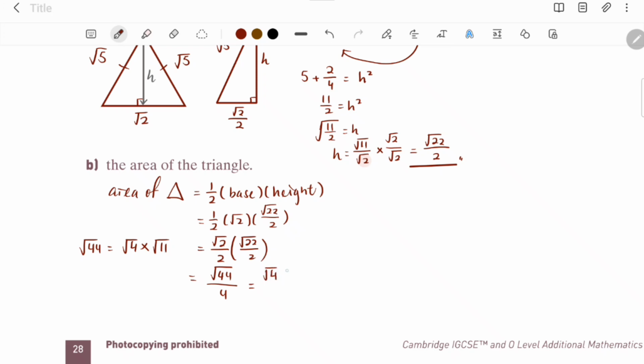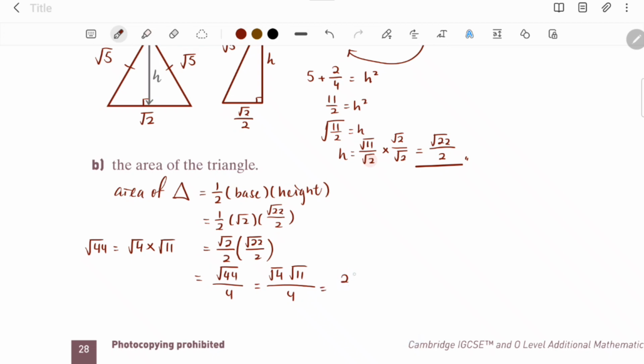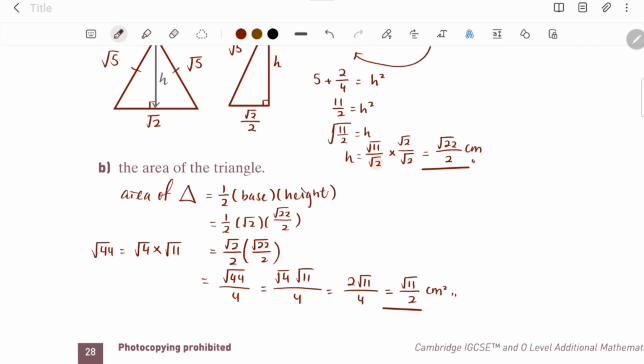So surd 4 times surd 11 over 4. Surd 4 is actually 2. 2 and 4 can be simplified to get surd 11 over 2. Okay, remember to write down the unit cm squared as your final answer. This one also cm.